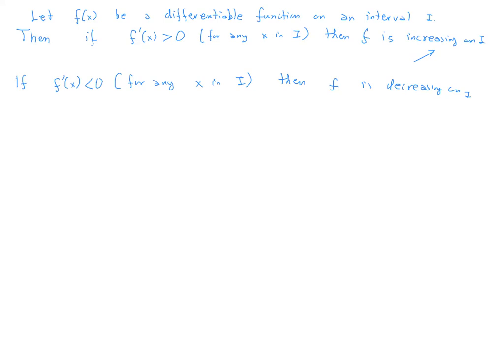So if it goes up from the left to the right, or if it goes down from the left to the right, then this one we call it increasing and decreasing correspondingly. And our goal is to try to figure out how we can use derivatives in order to find the type of what the function does. And we call that with one word, monotonicity.